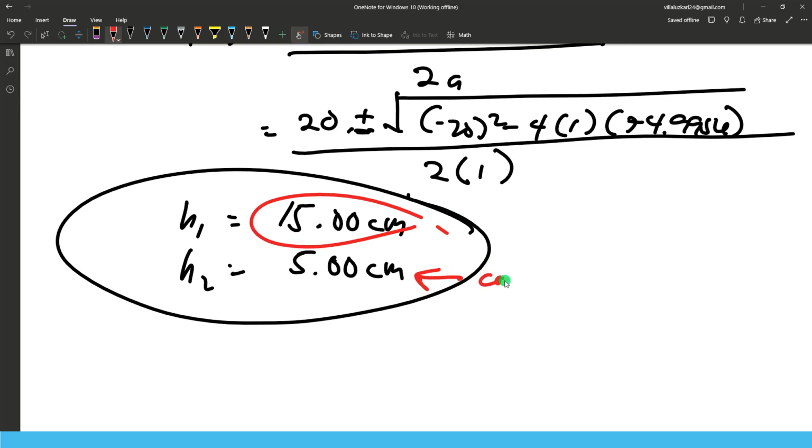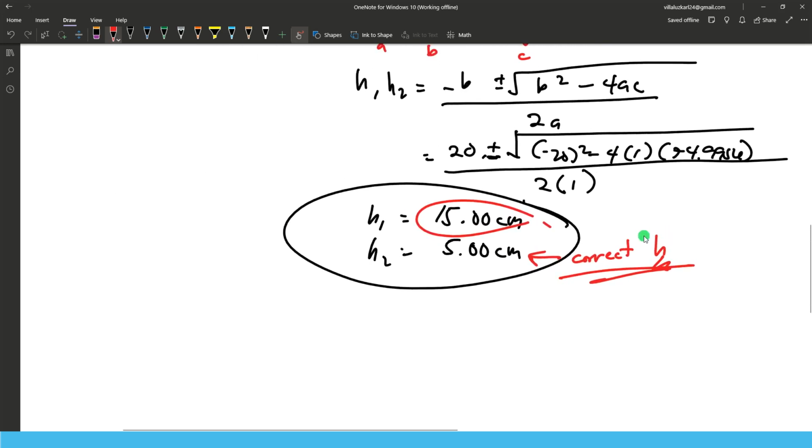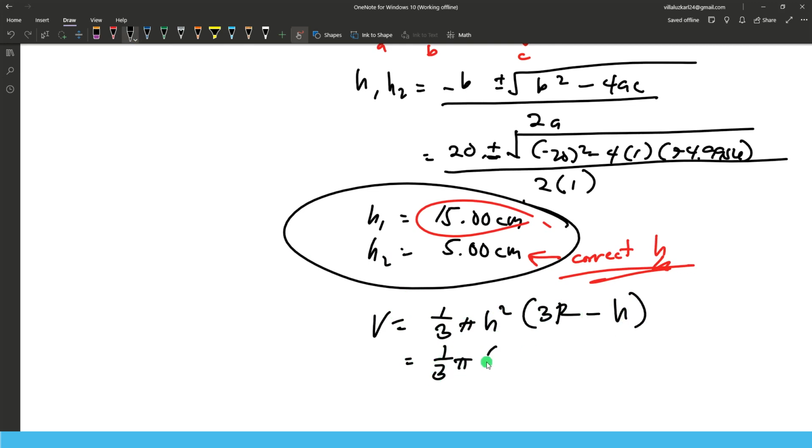So this is the correct h. Applying again the formula, which is 1/3 pi h squared times 3r minus h, 1/3 pi, h is 5 squared, 3 times 10 minus 5.